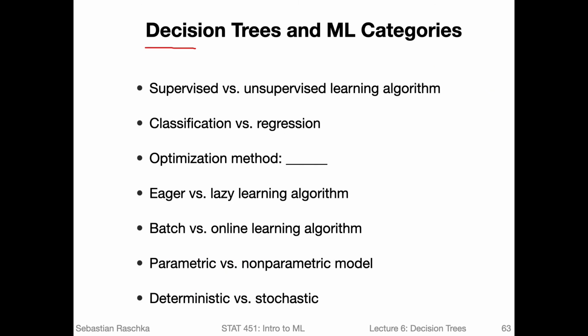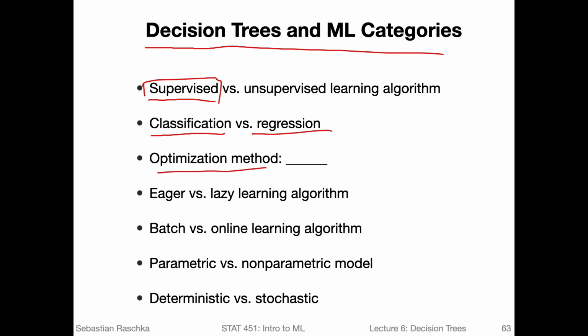So lastly, let's take the decision trees and recap some of the machine learning classifications or categories. Decision trees are a supervised learning algorithm, and they can be used for both classification and regression. And the optimization method in decision trees, at least in CART, would be maximizing information gain.